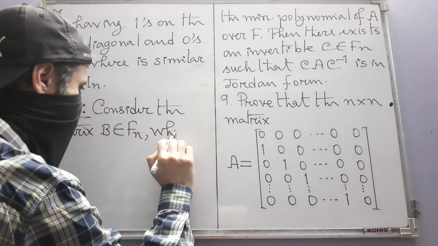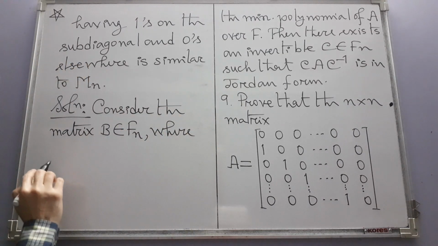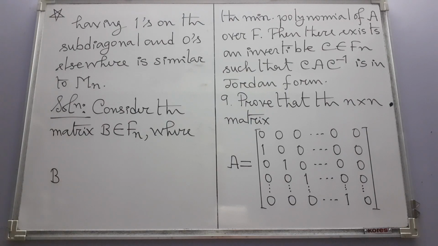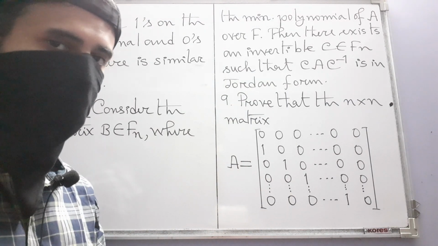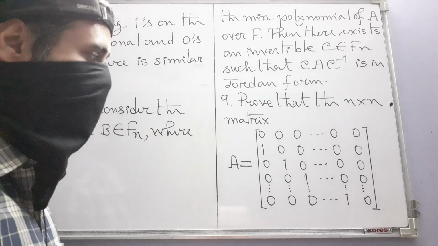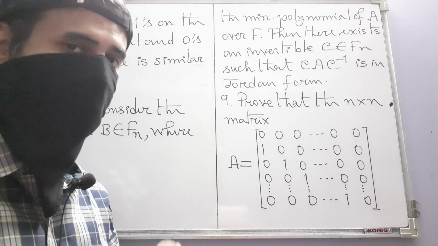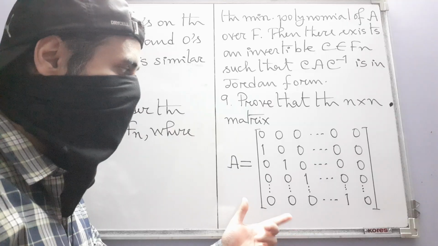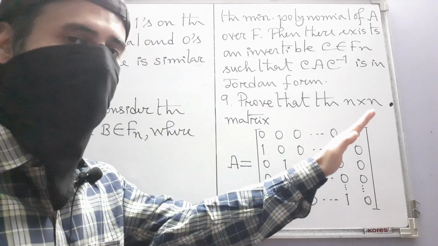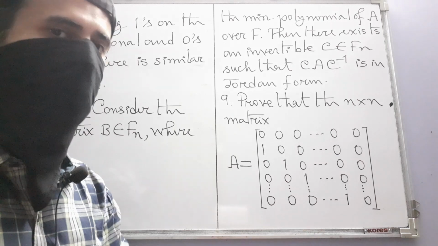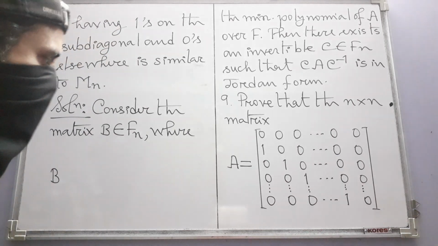where now we write what B is. B also has almost all its entries 0 except the other diagonal, the diagonal that a square matrix has other than the leading diagonal. This is one diagonal, that other diagonal, and there all the entries are 1.